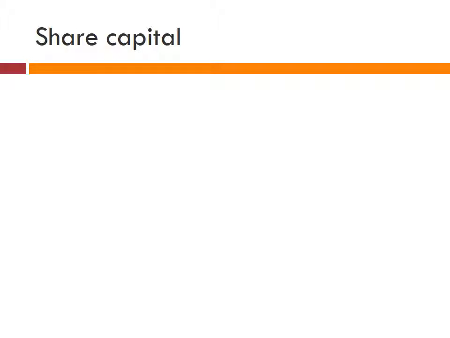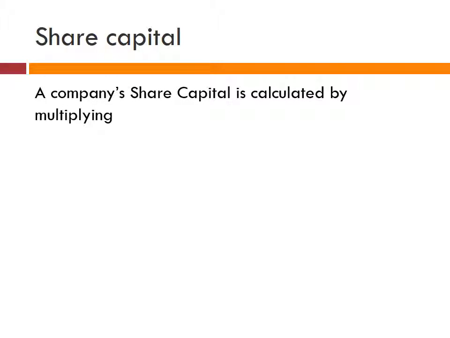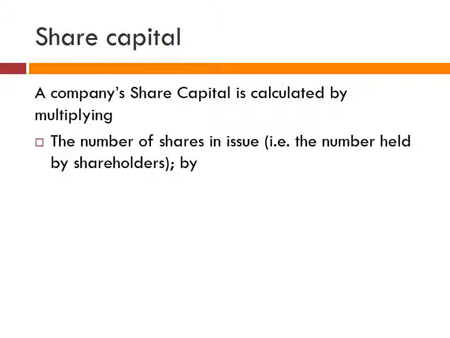We'll now look at how we calculate share capital in a business. This is actually very straightforward. What we do is we multiply, first of all, the number of shares that we have in issue, so the number held by all of the different shareholders, and we multiply that by the nominal value of the shares.